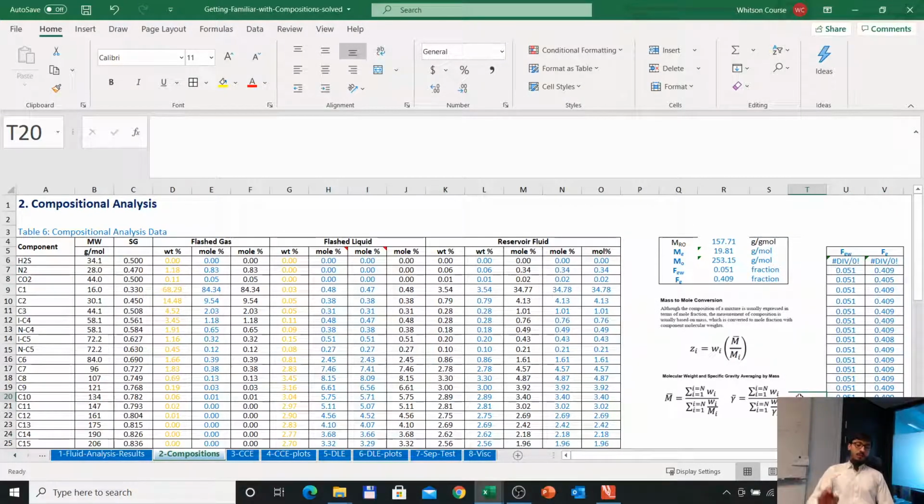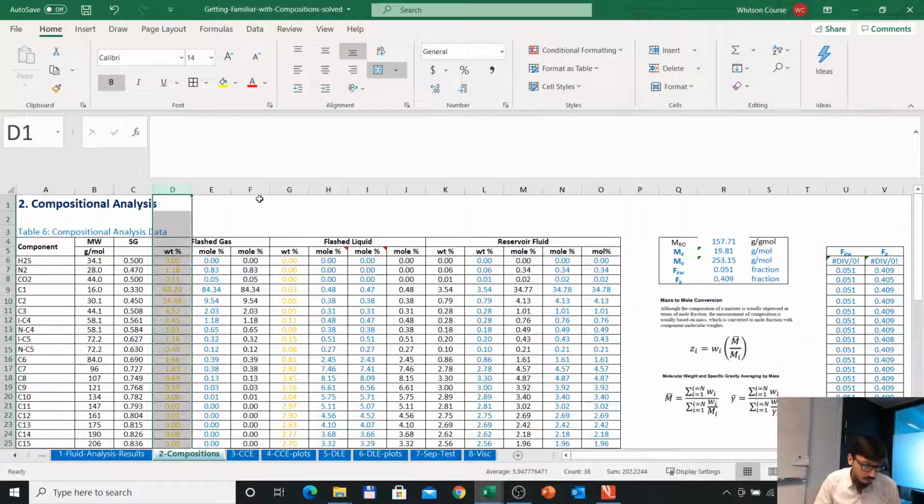So this is kind of doing the QC of all the lab reported calculated data. Again, I'm emphasizing we are not doing any QC on this measured data. These are the measured values regarding the compositions. Whatever QC we are discussing here, recombination QC, mass to mole conversion, we are calculating what the lab has calculated in the PVT lab and reported in the PVT report.